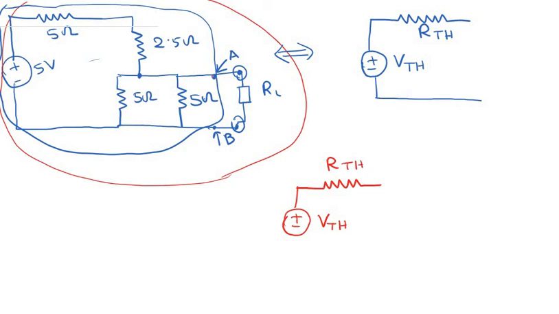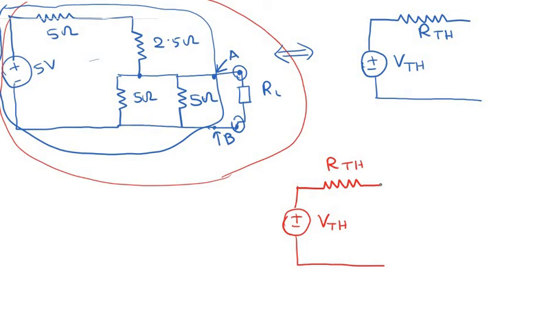This voltage source VTH and RTH is basically equivalent to this part of the circuit, and then there is a resistance RL.